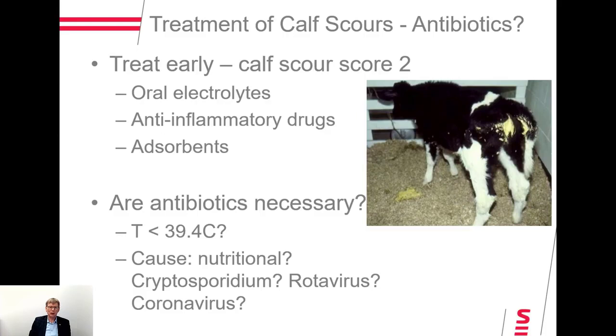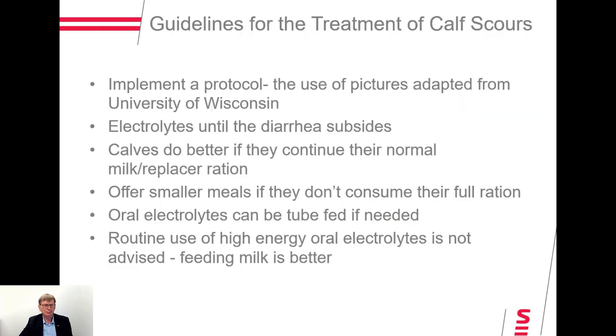The cause of the diarrhea can be nutritional, crypto, rota, corona, maybe even E. coli. But that depends on the age of the calf, and it's always a good idea to do some additional diagnostics.